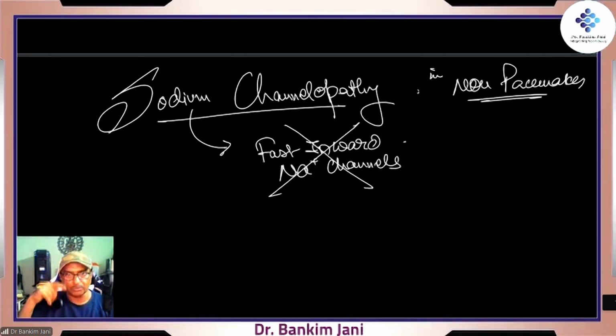Phase 0, 1, 2, 3, 4. Which one? Answer. Correct question, one answer. We are 40 people. Which phase?